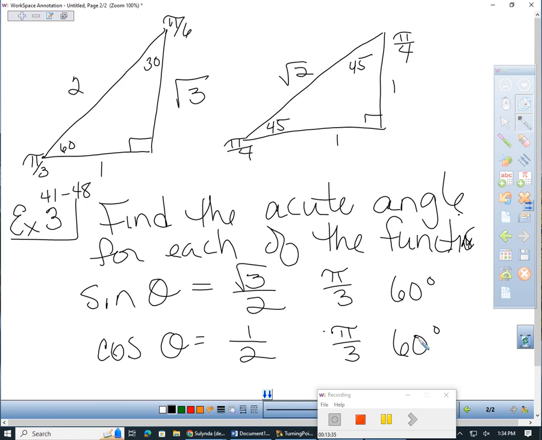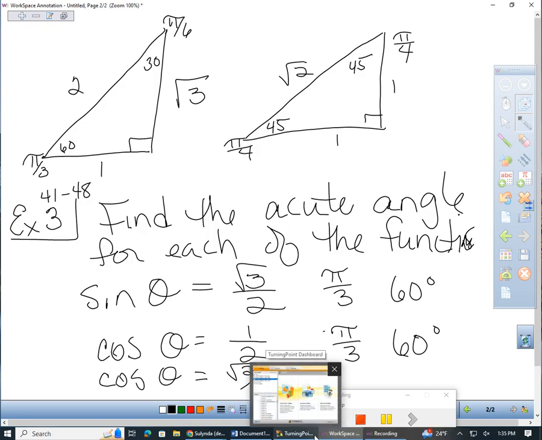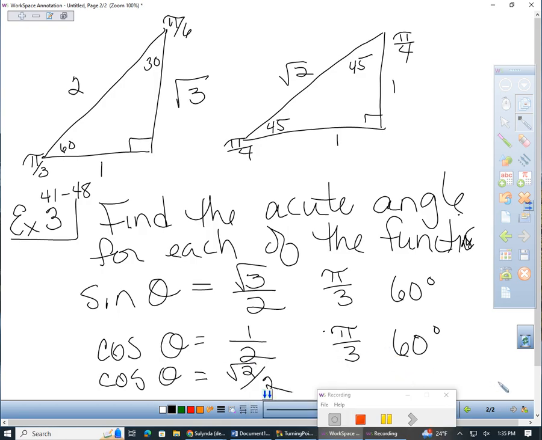All right. So let's try one a little bit tougher. How about the cosine theta of square root 2 over 2? So if you're looking at these two triangles, now this one's tougher because what happened is it got rationalized. If you look back to our first example, we did one where we had 1 over the square root of 2, and we rationalized it, okay?